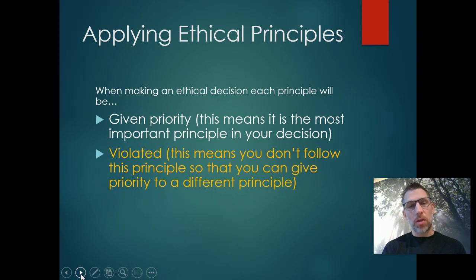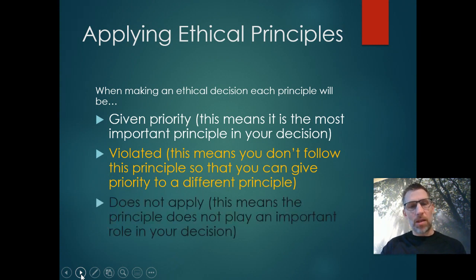You know that you ought to do this, but you just can't in the decision. If you're violating a principle, it means you don't follow it so that you can give priority to another principle. And then the other main thing is that a principle doesn't really apply. In a particular decision, it is not important in making the decision.